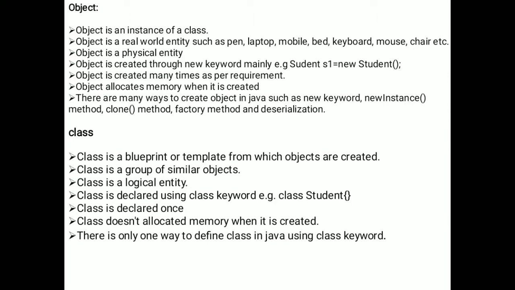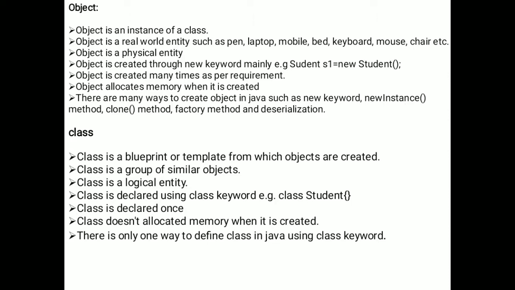So let's see some real life examples of class and object in Java. Suppose class is a human, then what are the objects? Man and woman. Suppose class is a fruit, then what are the objects?